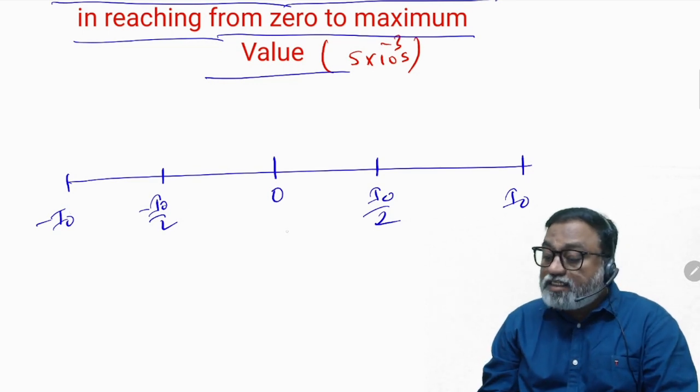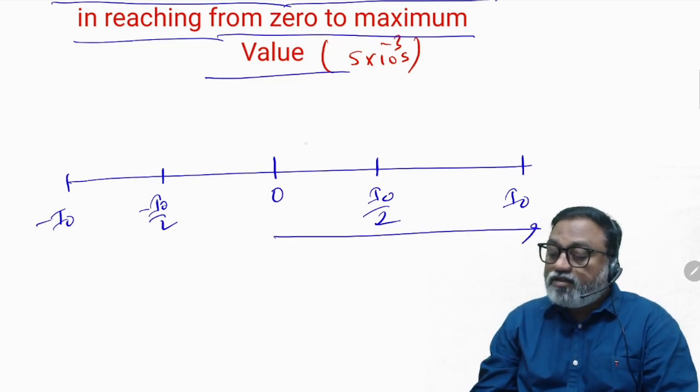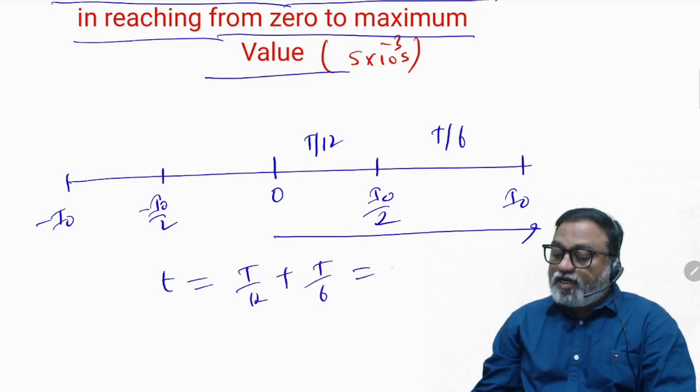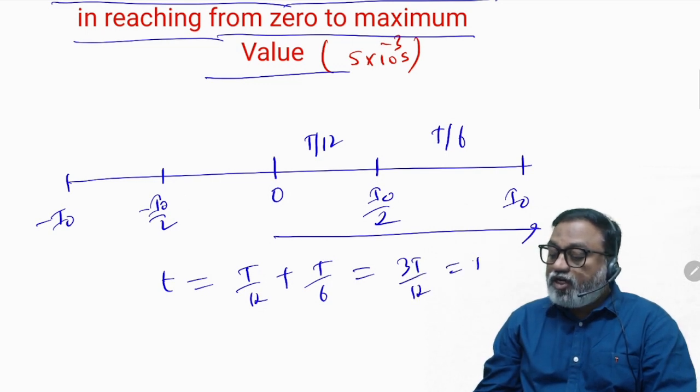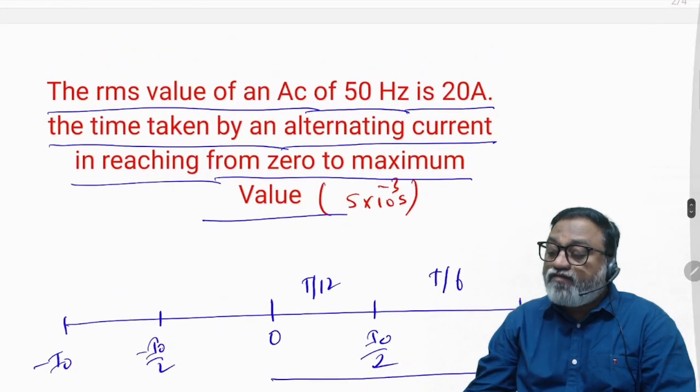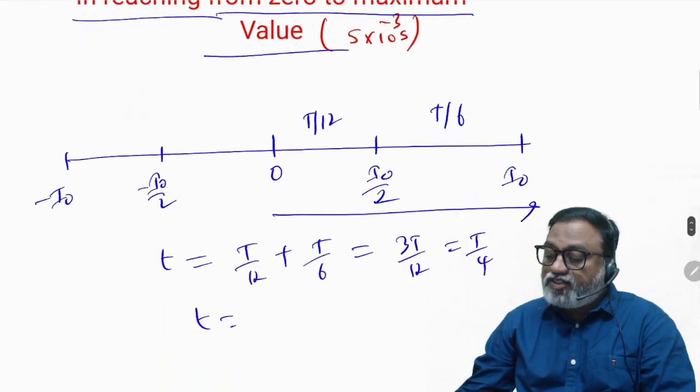Zero to maximum means from 0 to here. This is T by 12 and this one is T by 6. Therefore, total time is T by 12 plus T by 6. This becomes 3T by 12, therefore T by 4. Frequency is given as 50 Hz.